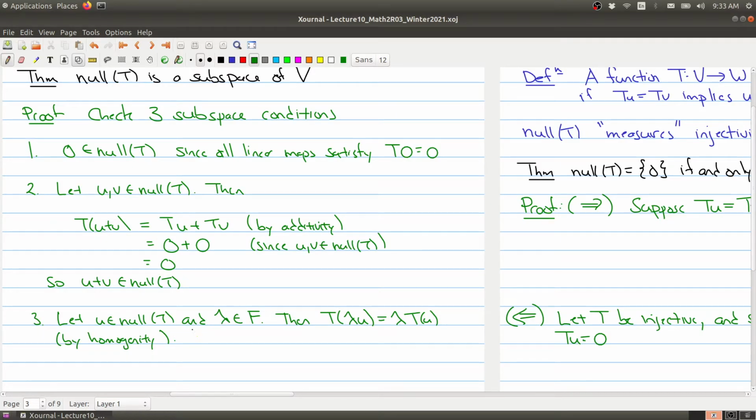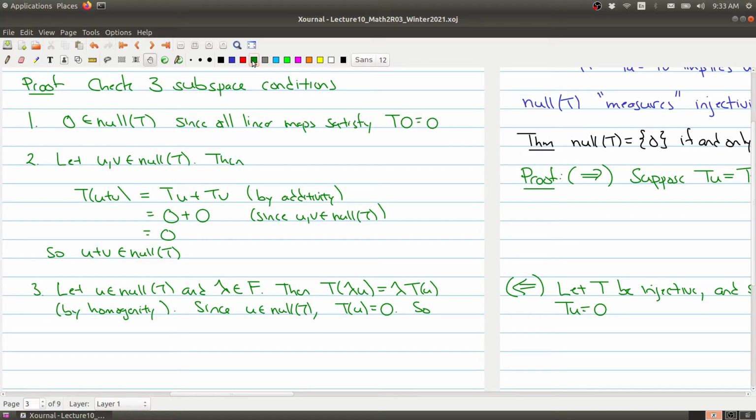Now, since u is in the null space of T, we have that Tu is equal to 0. So T of lambda u is lambda times Tu, which is equal to lambda times 0. This is the 0 vector times the scalar, and this is equal to 0. So lambda u is also in the null space of T.